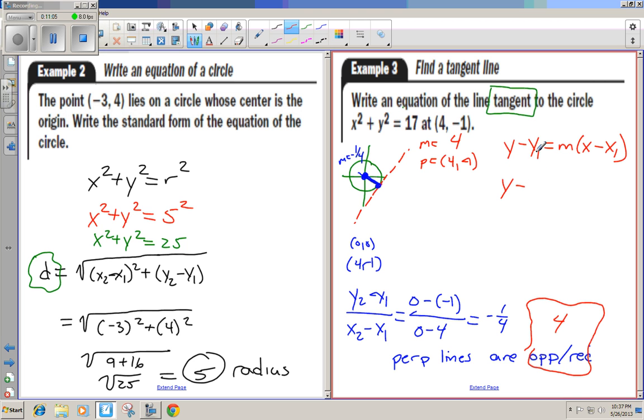Y minus the y value, negative 1, equals the slope times x minus the x value. And now we go ahead and distribute.